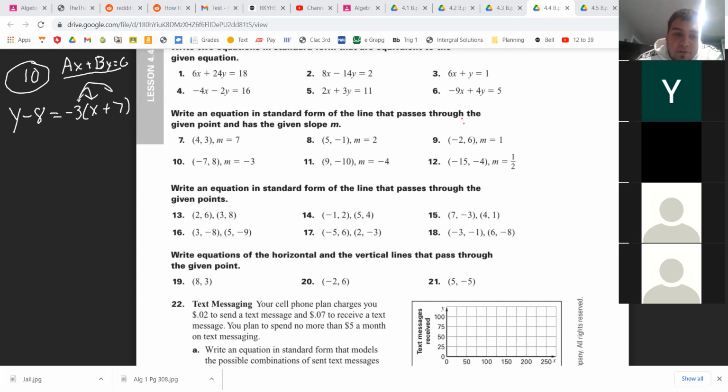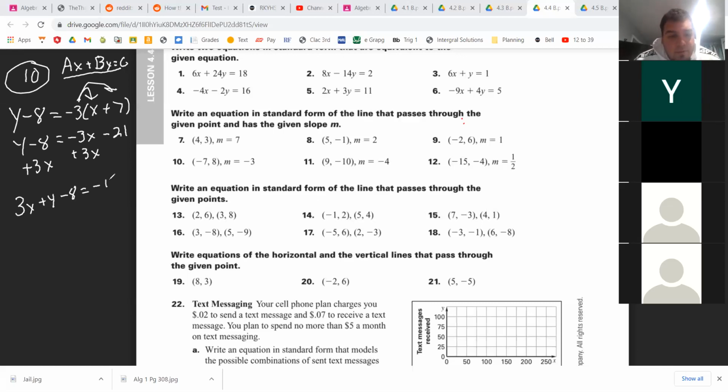The steps are typically very similar. I'm going to distribute. So here I get y minus 8 equals negative 3x minus 21. I like to move my variables first, so I add 3x. You can move 8 first if you want, or you can move something else if you want. So now I have 3x plus y minus 8 equals negative 21.